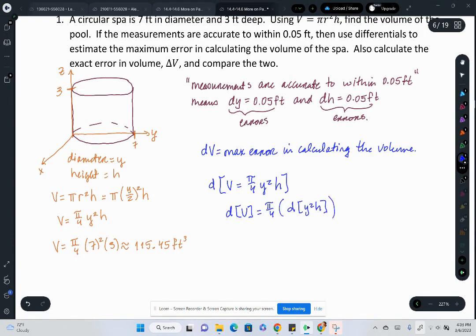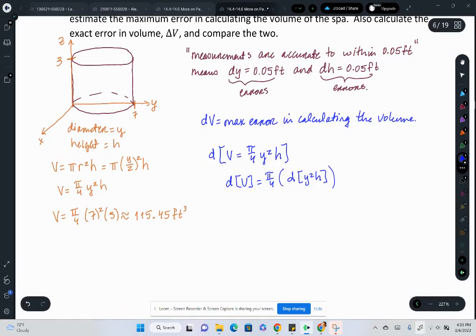I'll just put parentheses there. So when little d comes across v, it's like, hey, you're a variable. I'm going to take the derivative of you, and your derivative is 1, times a dv, because we need to know what variable we're differentiating with respect to. This is equal to pi over 4.